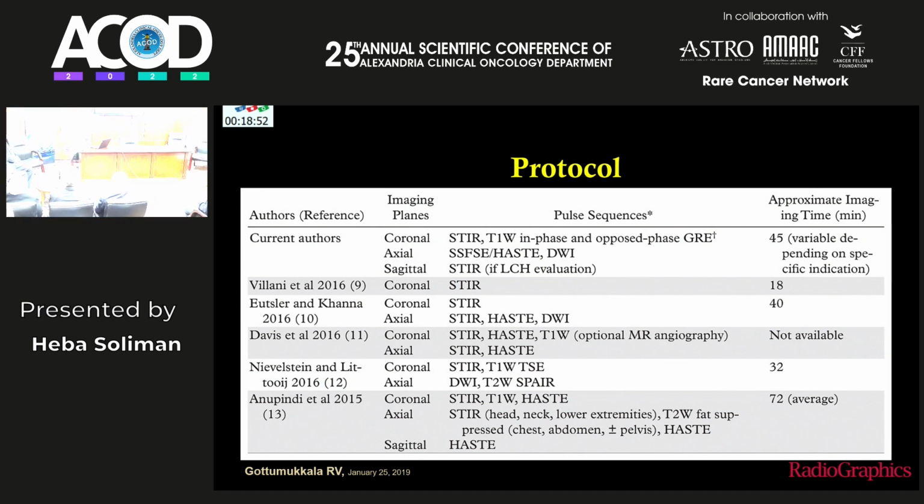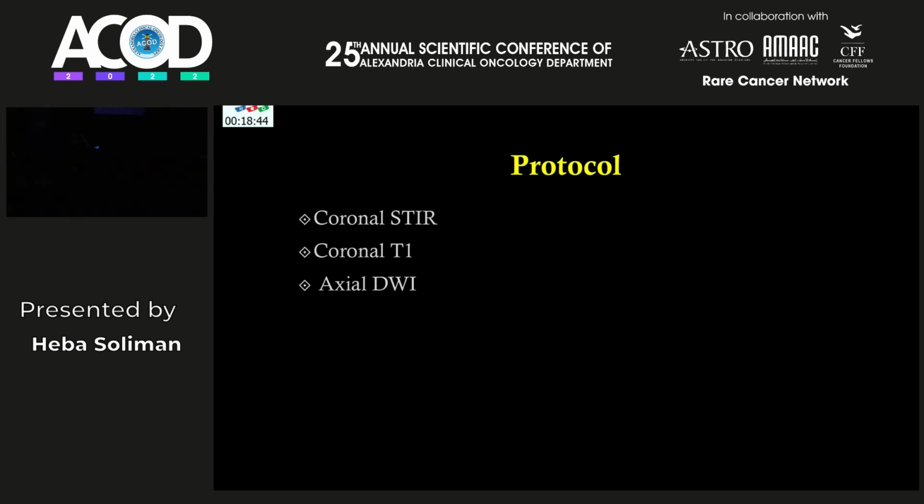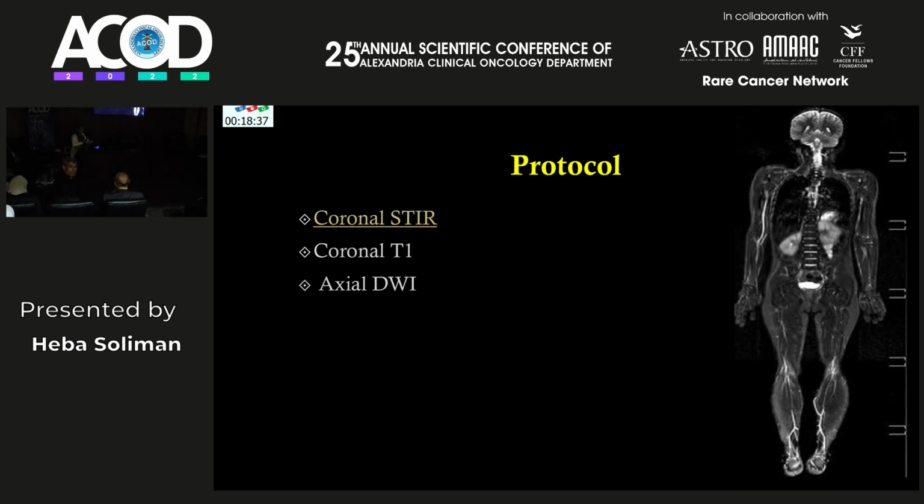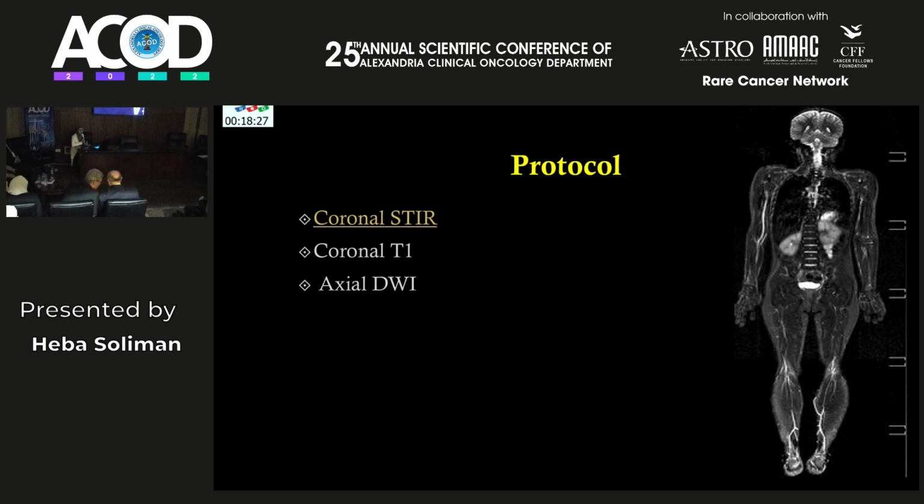Many protocols have been advocated for whole body MRI with still no consensus on the protocol. But the most commonly utilized sequences are the coronal STIR. Coronal STIR has an excellent ability to suppress the fat and delineate the lesions, especially in the bone marrow.